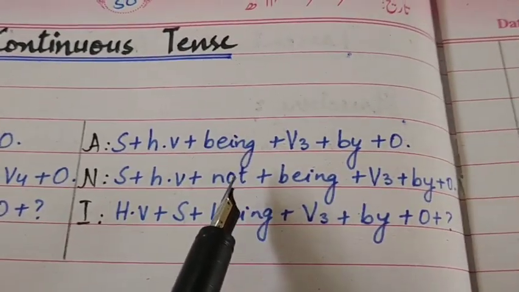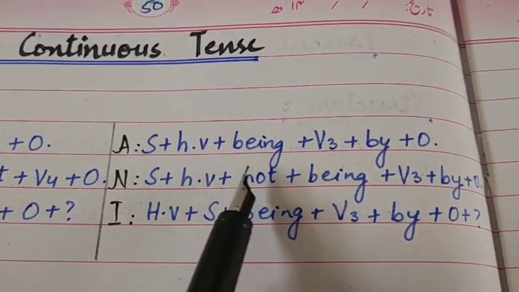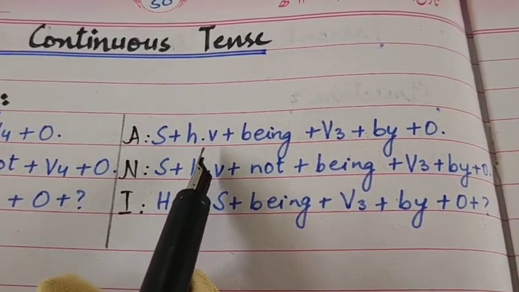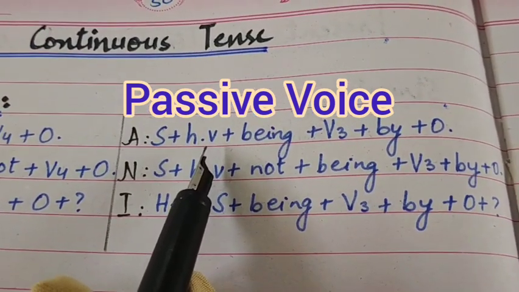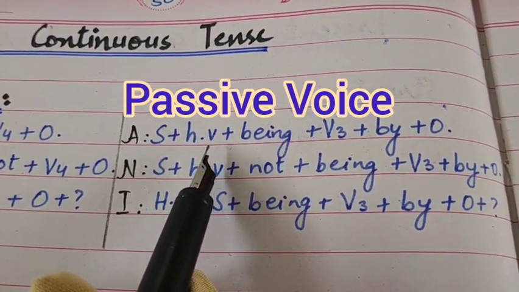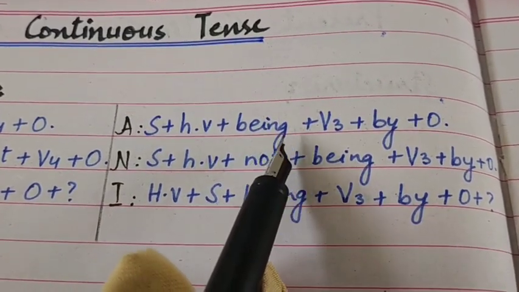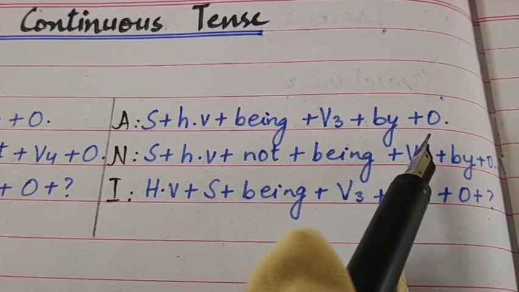This is your passive structure of past continuous tense, and you have to use subject plus helping verbs. They would be was or were according to your subject, as they are in past continuous. Okay, then being plus verb third form plus by plus object.